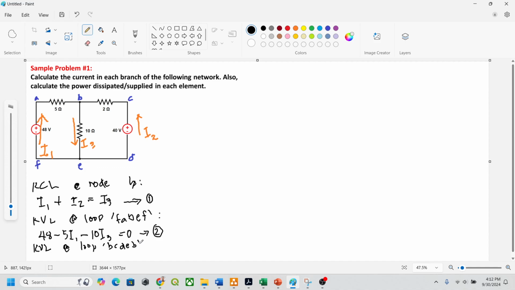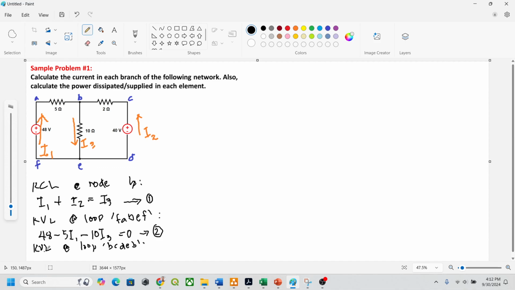Back to B, right. So from B to C, we have a 2 ohm resistor. Remember, your assumed current direction I2 is opposite to your loop direction, because your loop direction is that way and your current direction is in the opposite way. So therefore, the voltage drop across your 2 ohms, with respect to Kirchhoff's voltage law, should be positive.